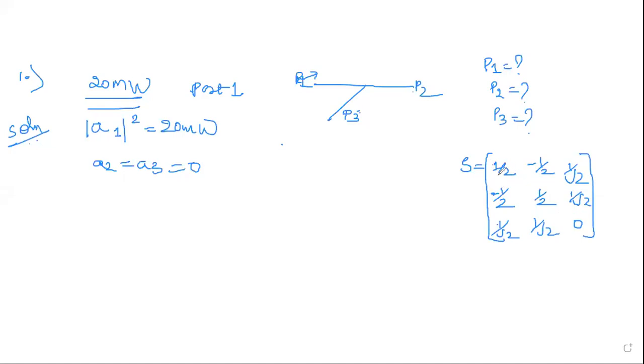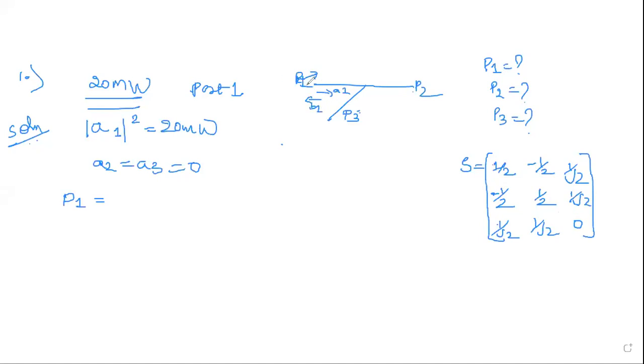Now, seeing this S matrix, we need to write the equation for port 1. We know that A1 is the incoming power and B1 is the outgoing power.